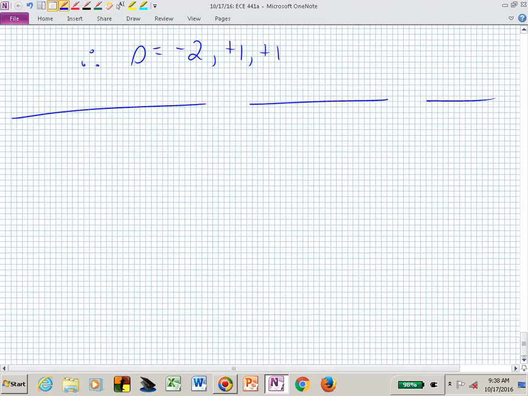Let's look at a symmetry example. And sometimes it's nice to just build one up on your own, and then you know what you should be getting and see if what you're getting is actually bearing fruit.